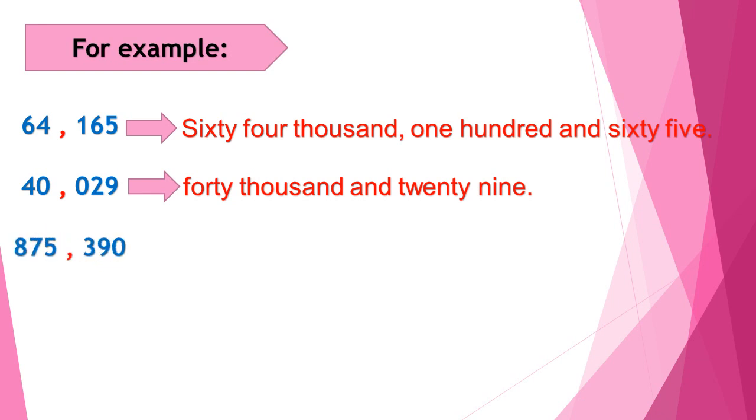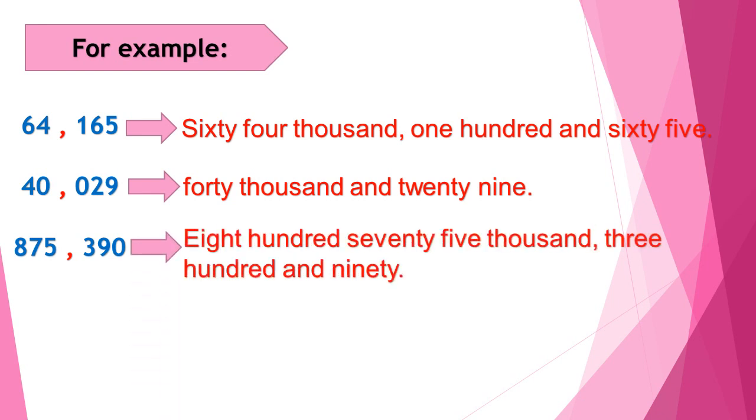We have a 6-digit number. We put a comma after 3 digits from the right. We have two families, thousands family, ones family, and read the number with its place. 875,390. We have here a 6-digit number also. Put a comma after 3 digits from the right.